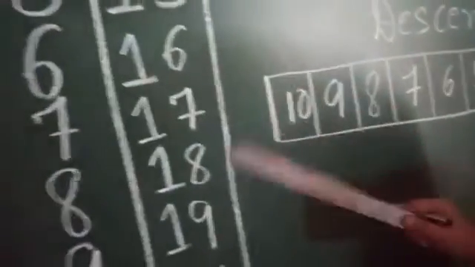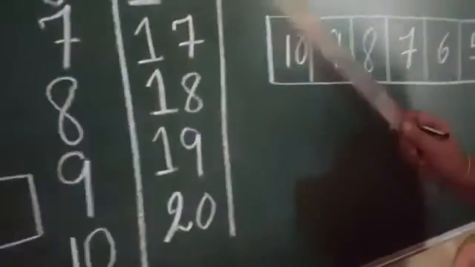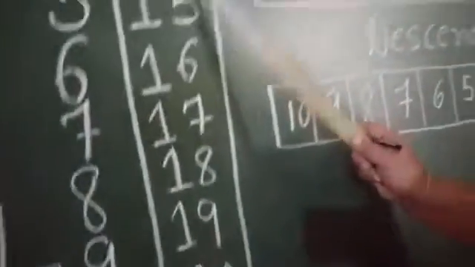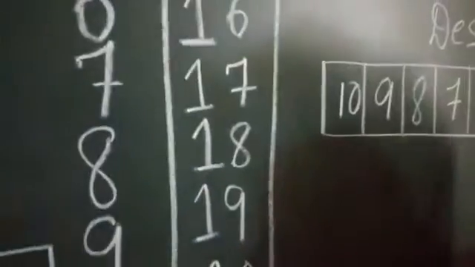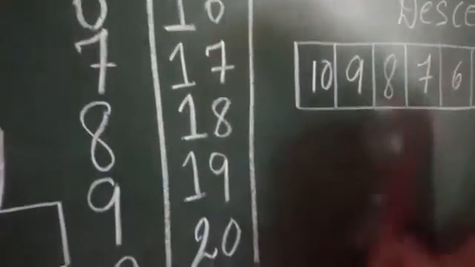Then after 16, 17? No. 18? No. Sorry, 15 is there, na? It's already there. Write down here 15. After 15, 16 also. Write down here 16. Then check. 17 is there? No. 18? No. 19?